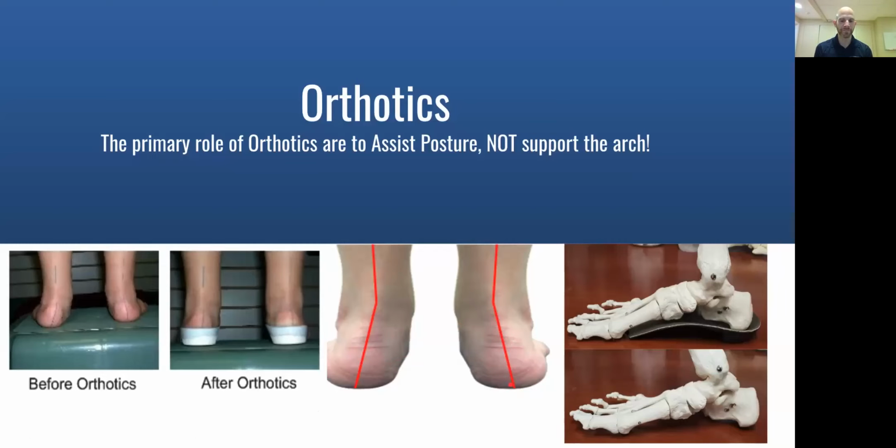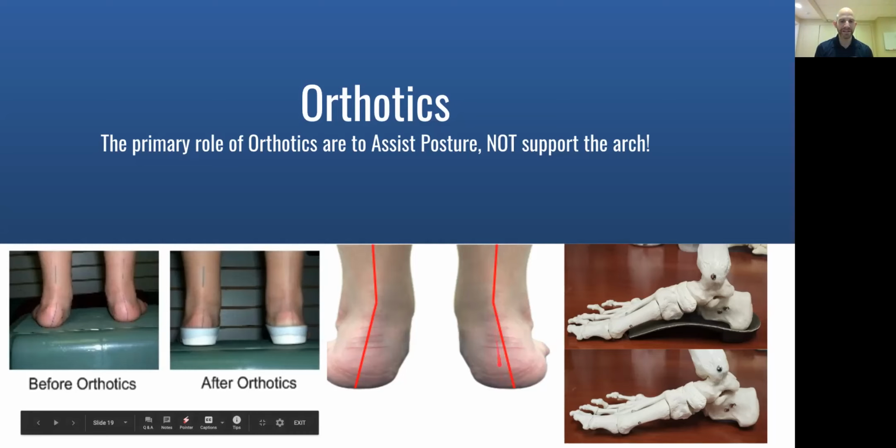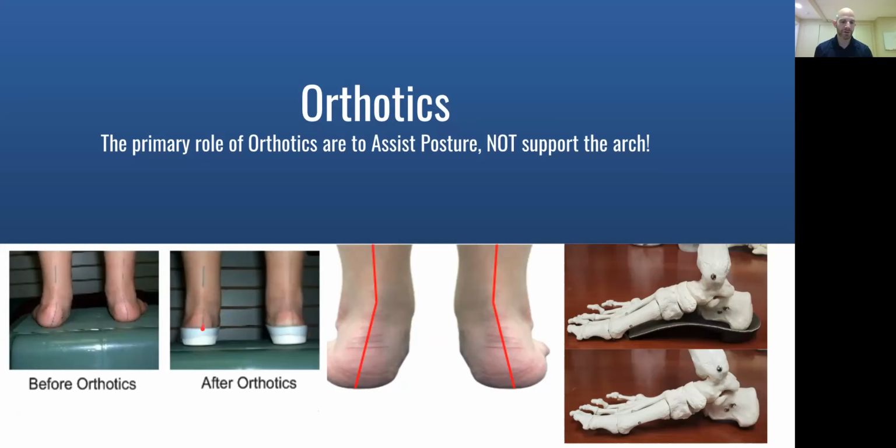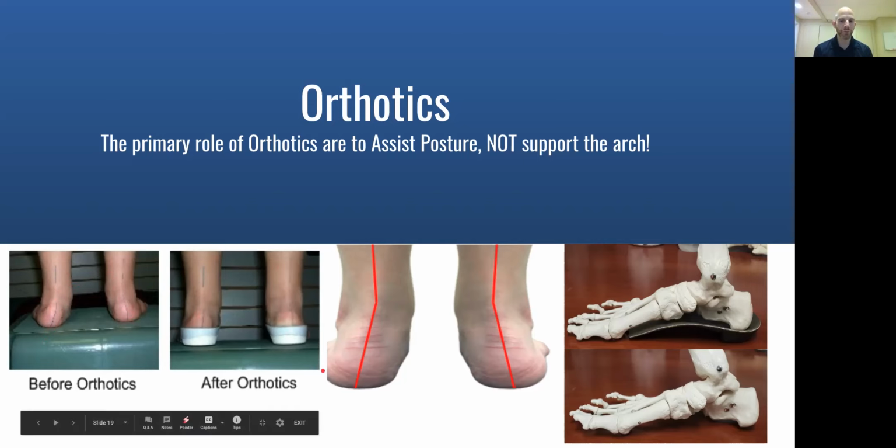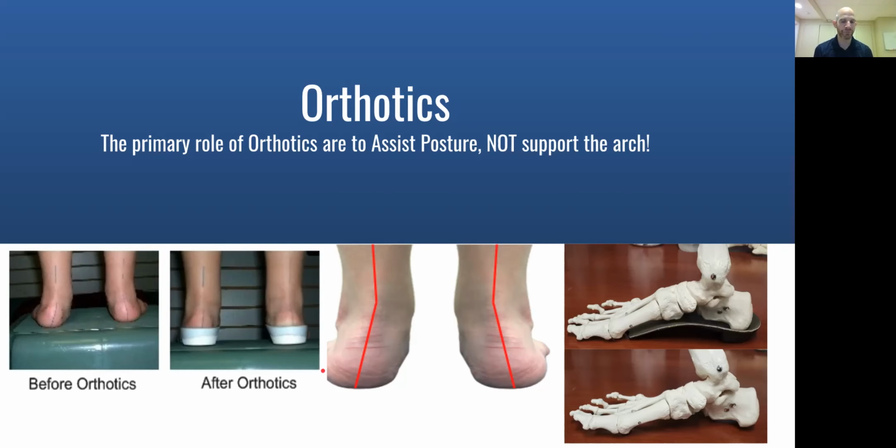If you're going to construct a building or a tower, you want the foundation directly under the structure. And your feet need to kind of maintain that foundation so that everything is aligned properly. So the before orthotics picture on the left shows everything offset, and the picture with the after orthotics shows how everything can be lined up. And when we do orthotics, that's what our goal is. It's to realign the heel position. Next.